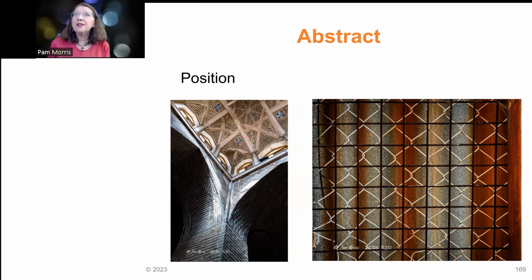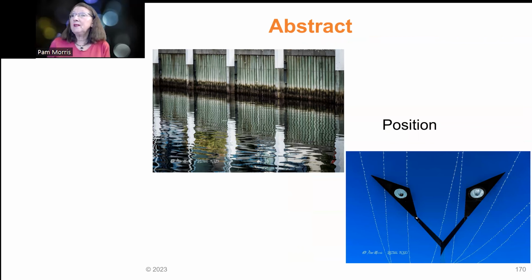So position can create an abstract, just the way that you use the frame around an image and how you take that image can confuse and intrigue and make the viewer investigate the image based on shapes and colours and make them wonder what it is.